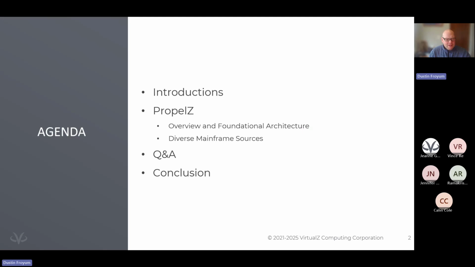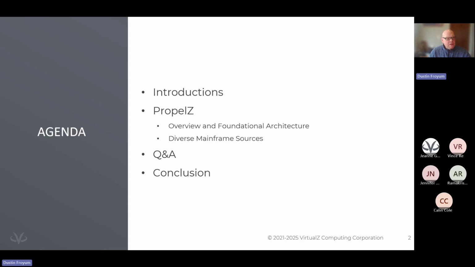So I think, Vince, we're going to take a little different spin on this topic today. A lot of our webinars have focused on the diverse targets we can get to. But today we're going to focus on the mainframe data sources, and we can talk a little bit about Datacom and IMS, and obviously VSAM is one of our specialties.